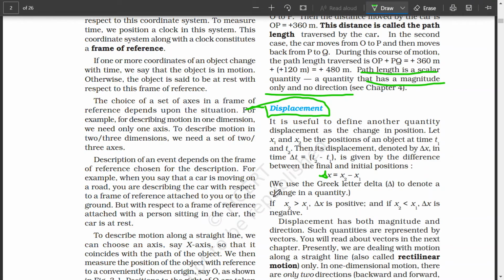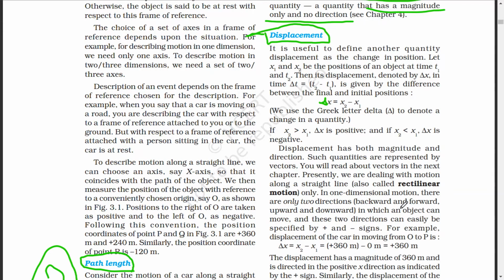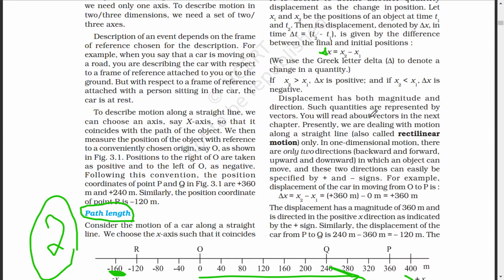Look, we use the Greek letter delta to denote change in a quantity. If x2 is greater than x1, delta x is positive, and if x2 is less than x1, then delta x is negative. Displacement has both magnitude and direction. Such quantities are represented by vectors. So displacement is a vector quantity because it has both magnitude and direction.